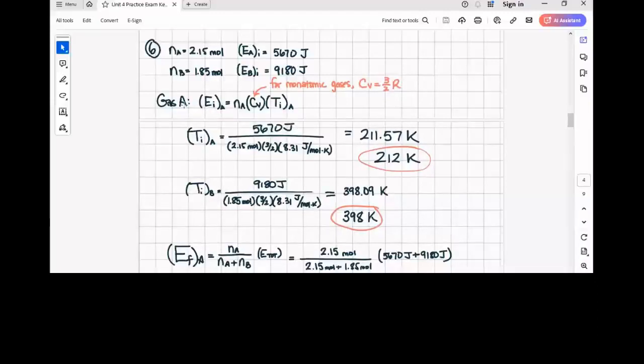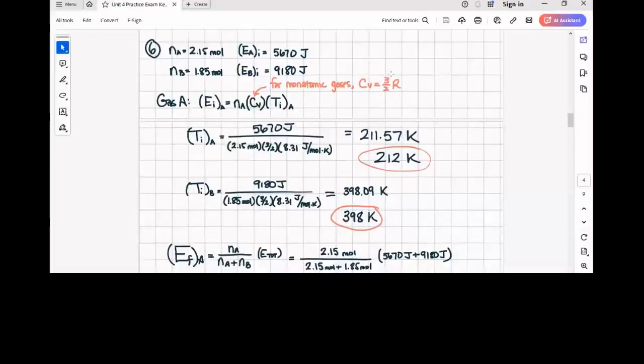Okay, so we can start with gas A, and we're using the thermal energy to solve for a temperature. So to cut down on the subscripts, I just have E initial A, where this E refers to thermal energy and not mechanical or any other form. That's got to be equal to the number of moles of gas that exist in system A times the molar specific heat for a constant volume process.